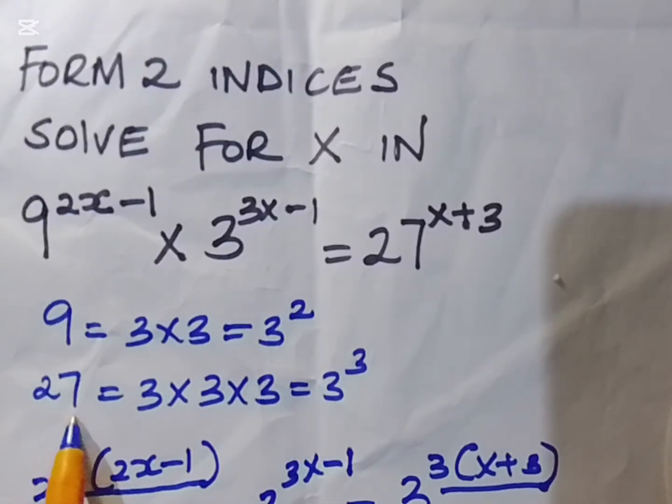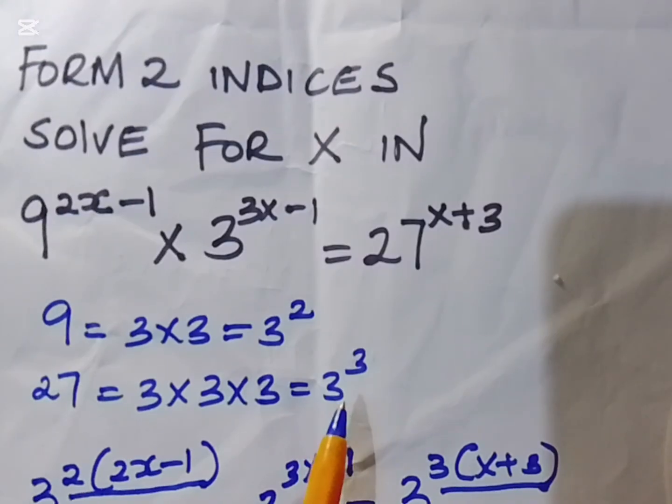Then we have 27. Through prime factorization, we have 3 times 3 times 3, which is the same as 3 power 3. The power is always the same as the number of times the number is multiplied by itself. As you can see here, 3 has been multiplied by itself 3 times, so it becomes 3 power 3.